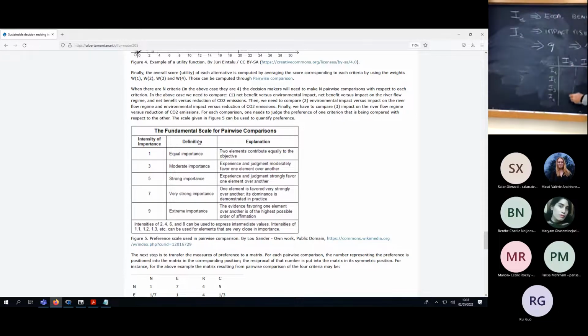Okay, now we are done. First, let's put the ones when we compare each indicator with itself. Clear? Okay.